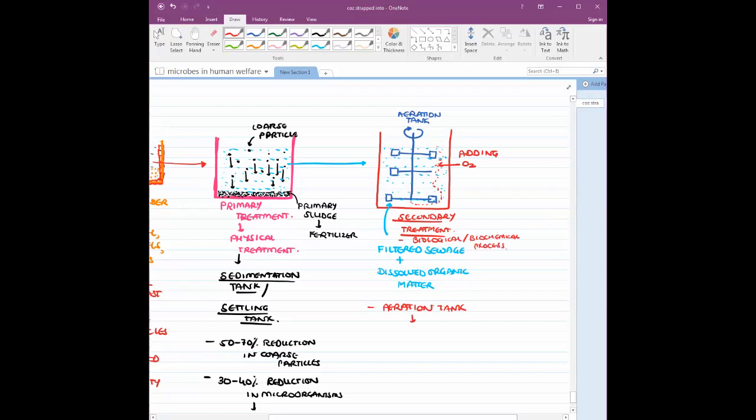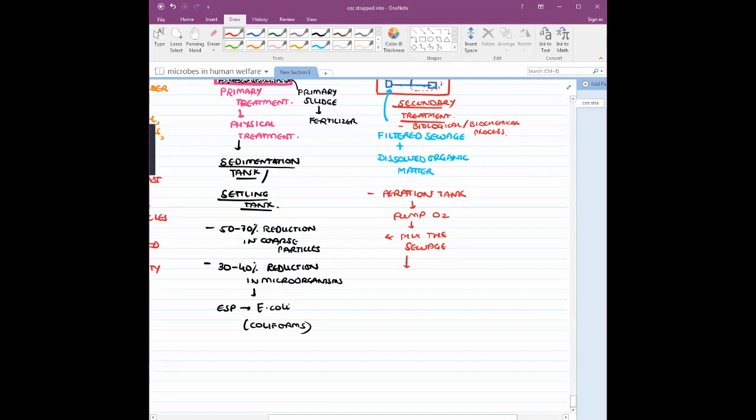Now in this aeration tank, you are going to pump oxygen, and second, you are going to mix that entire sewage water. Because of whatever we are doing, immediately bacteria and fungi thrive.